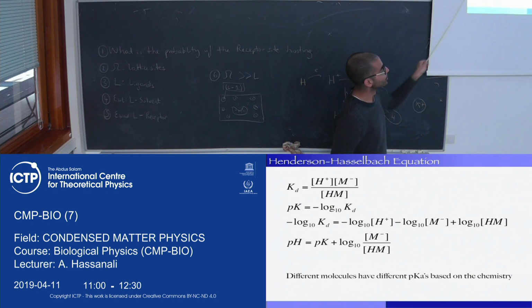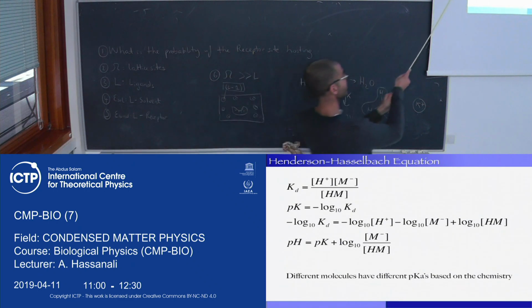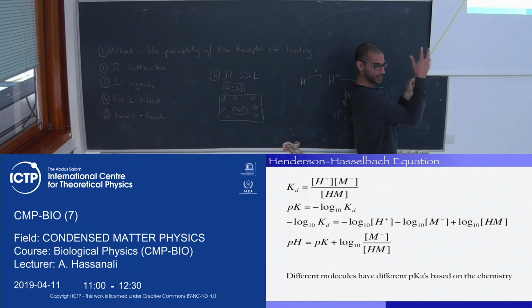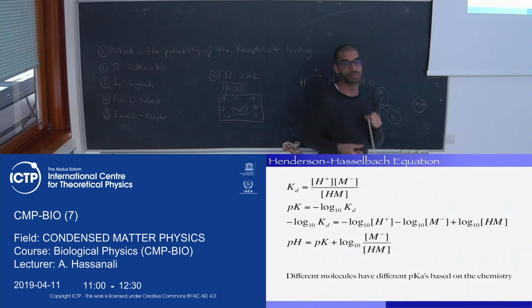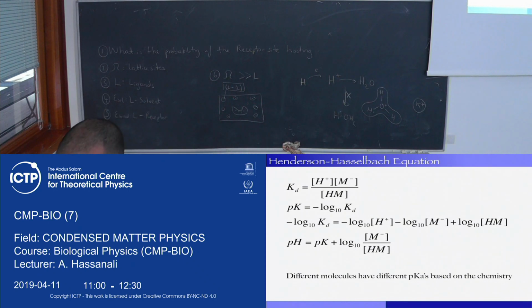Now with this equation, I can determine, when I put an amino acid in water, and if I know the pH and the pKa, which we will discuss shortly, what the equilibrium state of the amino acid in water is.